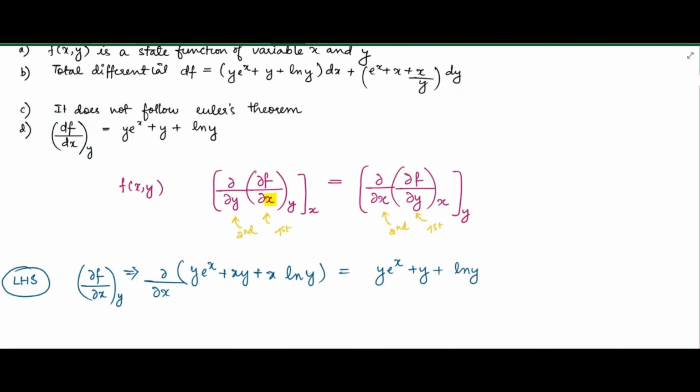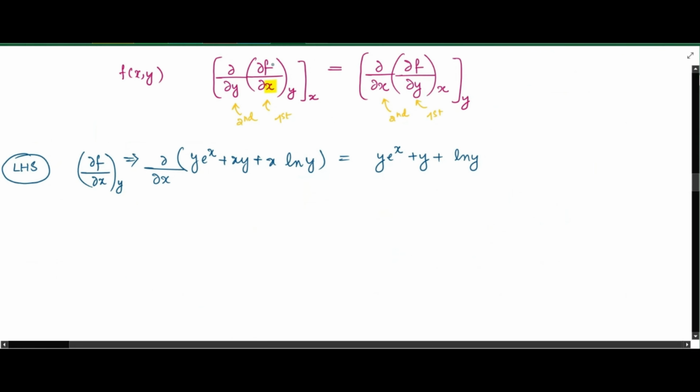What is the next step in the LHS? Once you have found the derivative with respect to x first, then you will keep x constant and differentiate it with respect to y. Second, you will differentiate it with respect to y. So you will find the second one: dou by dou y of y e to the power x plus y plus ln y.